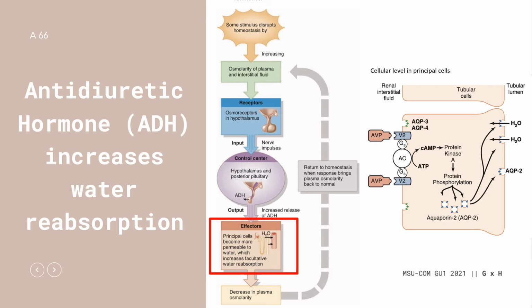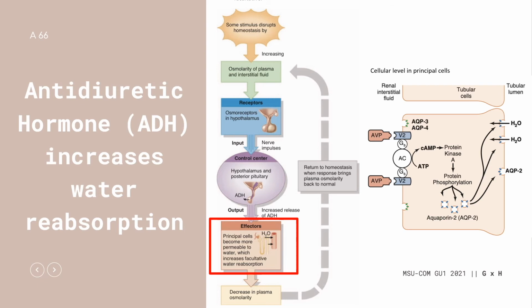ADH, also known as vasopressin, is released by the neurohypophysis, aka the posterior pituitary gland. Its most important renal action is the increase of water permeability in the following parts of the tubule: the DCT, the collecting tubule, and the collecting duct epithelium. This is the body's way to conserve water in circumstances such as dehydration.